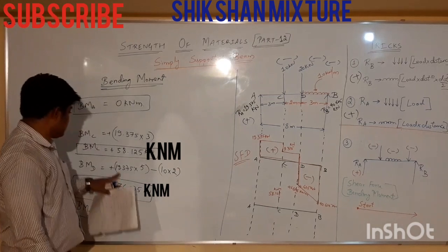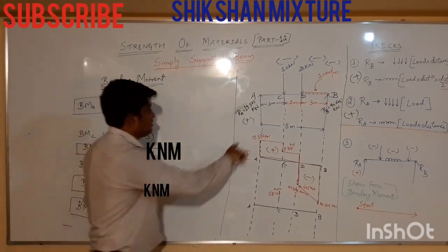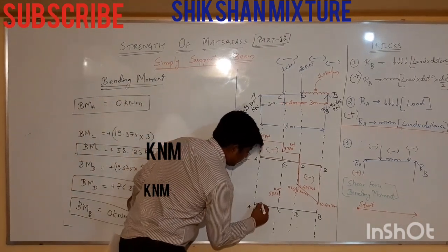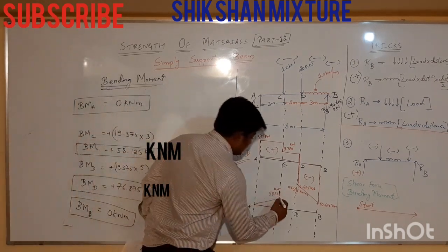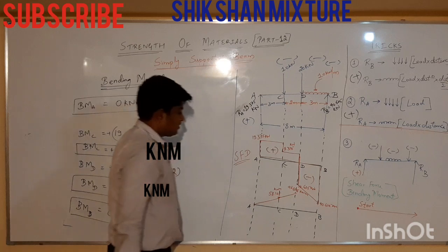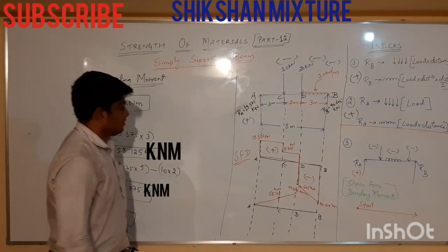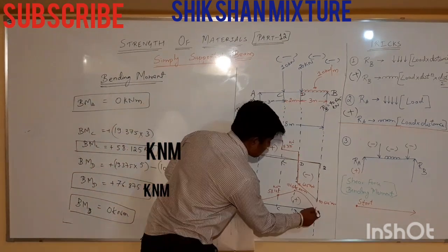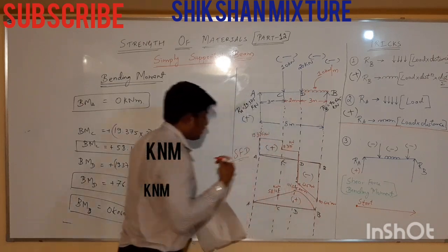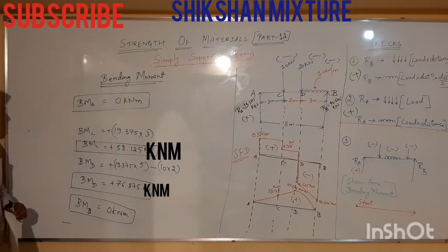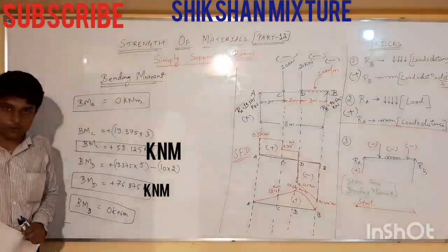Fine. Both are positive. Here there is a point load, so I'll take an incline here. And till here it is inclined because of the point load. UDL here, so I am taking this as parabolic, a curve. Take a screenshot of this. Thank you for watching the video.